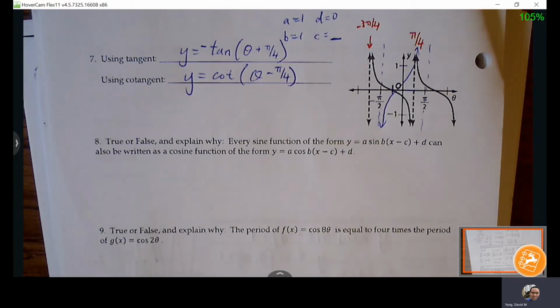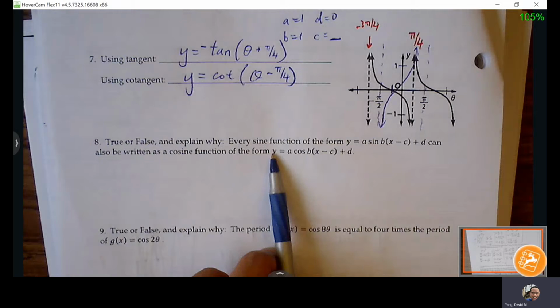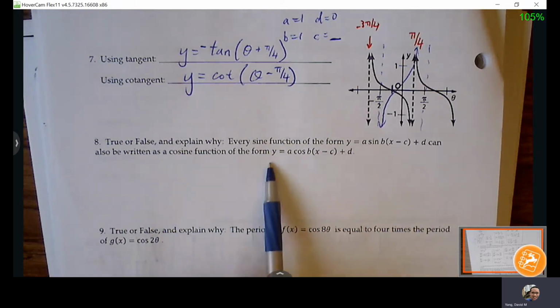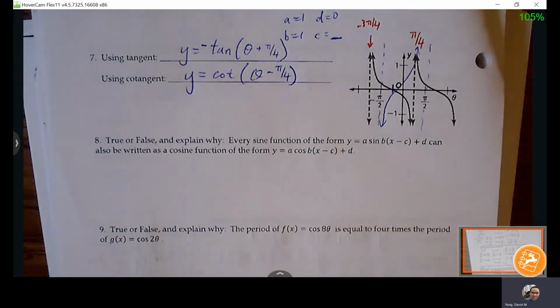Okay, number 8. True or false, explain why. Every sine function of the form a sine of bx minus c plus d can also be written as a cosine function. Well, remember, every sine function we can write as a cosine function by simply shifting it, right?